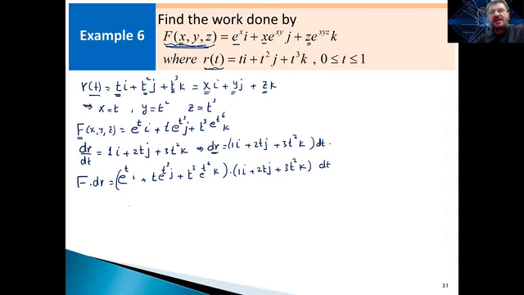All right, let's multiply, guys. What do we get? The first by the first. 1 times e to the t is e to the t. Remember, this is dot product. It's scalar.